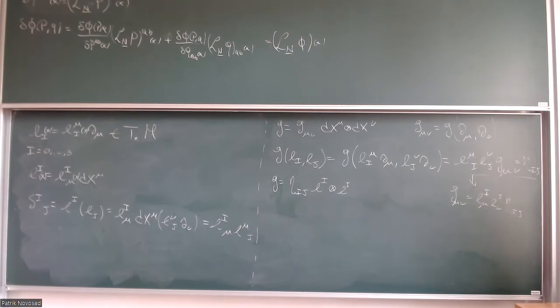There's a different question you can ask: can I choose coordinates in which, at the point, G is equal to eta at the point? The answer to that question is yes, but this is not the proof of that. It does not have anything to do with that.